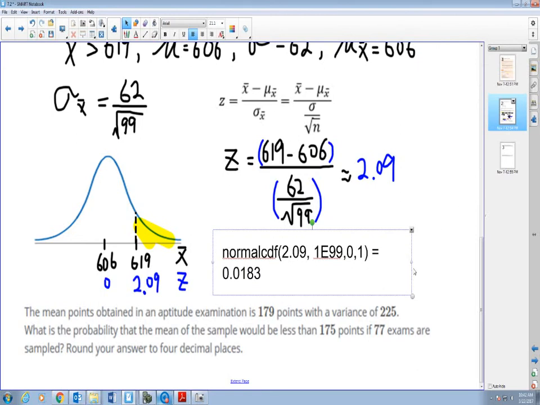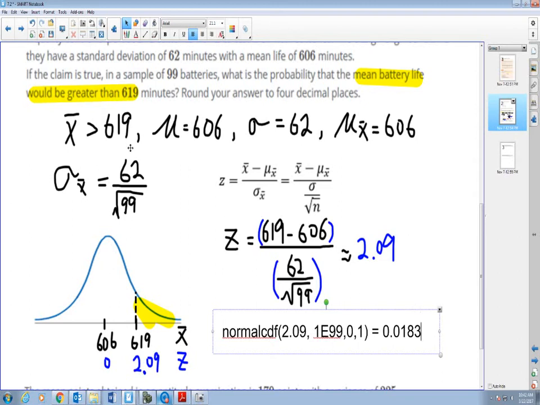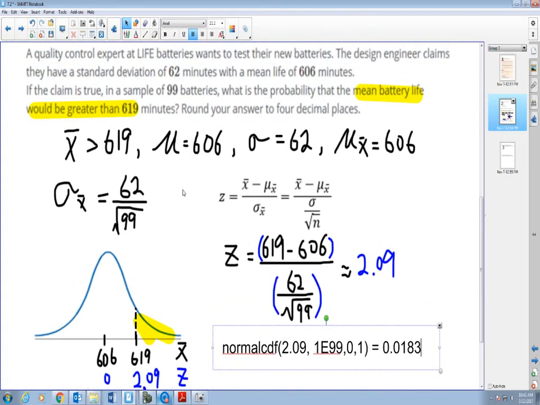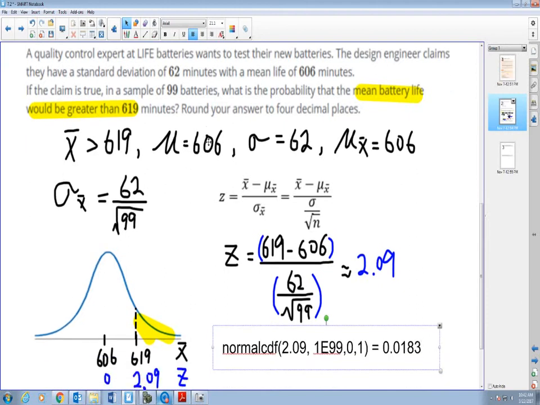So that means there is about a 1.8% chance that the 99 sample batteries will go greater than 619 minutes. Just like any batteries, a DC battery has a lifetime. It only lasts for so long before we have to replace it, or to the point where we cannot charge it anymore. Those kinds of batteries.